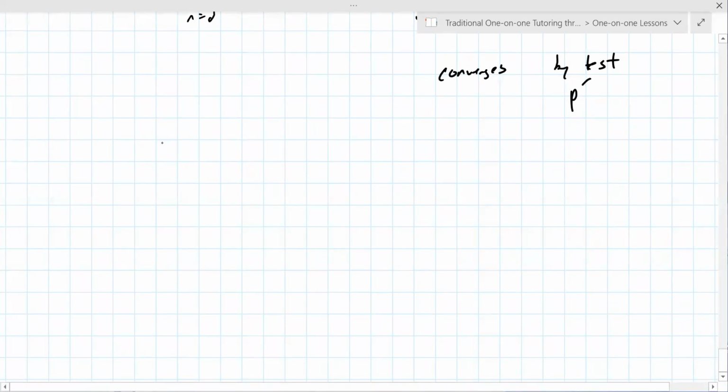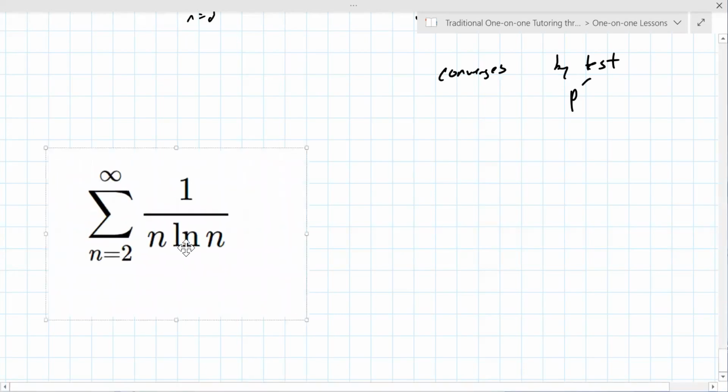So like, let me go see what the other example does for that. All right, here we go. Okay, so here's one that is the integral test.